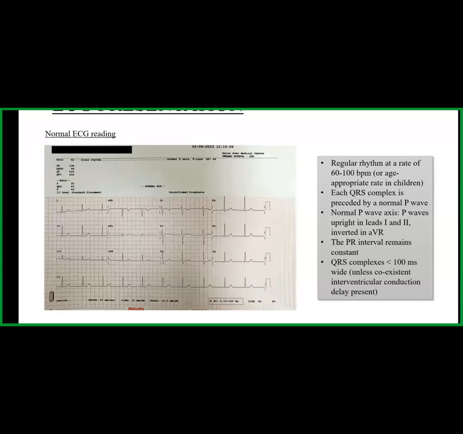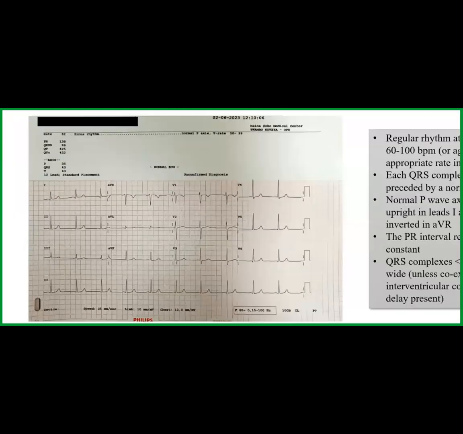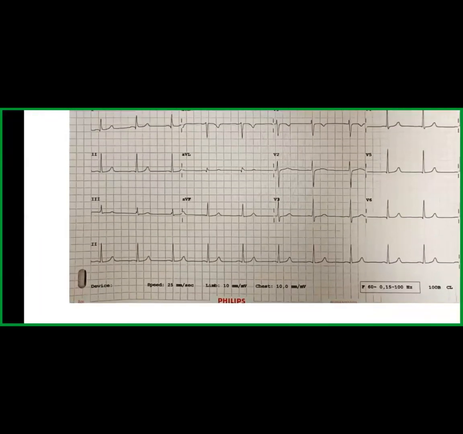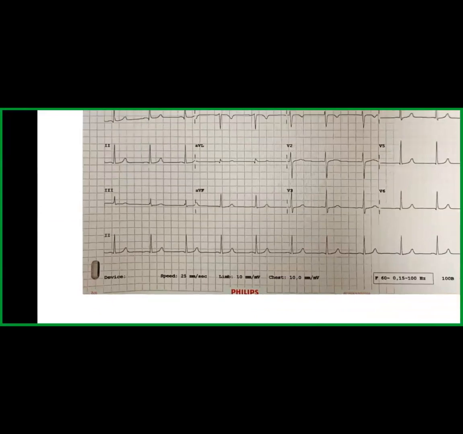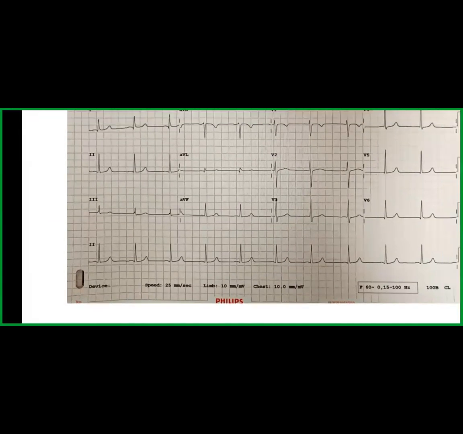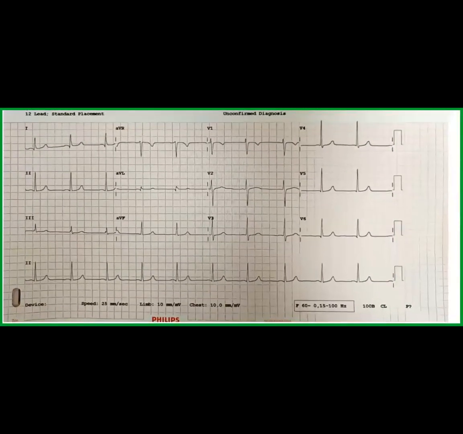As I said before, the PR interval will be the interval between the beginning of the P wave, just as the hump before the QRS begins, and up to the end of this QRS complex. This interval is the same in all of the leads, and it remains constant throughout the leads, as we are seeing here.